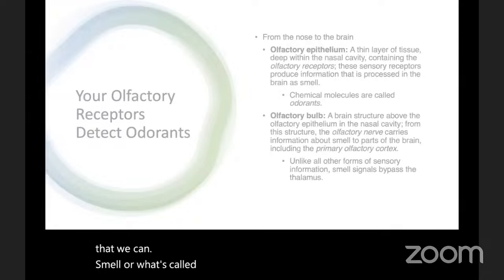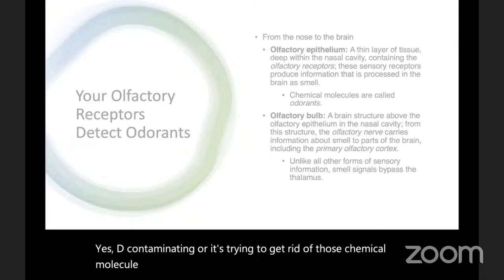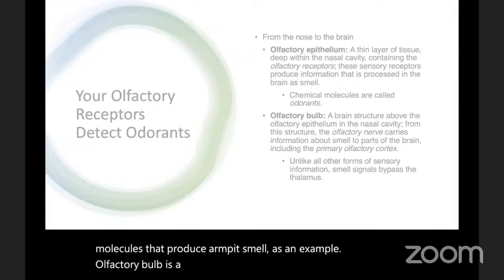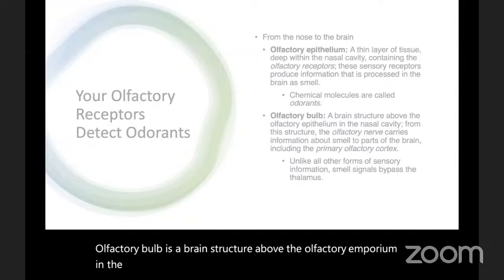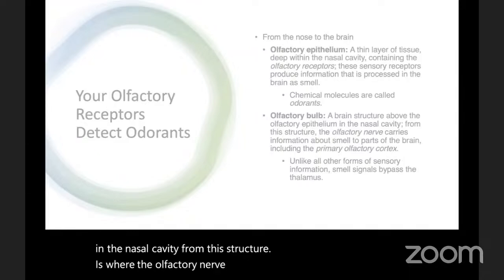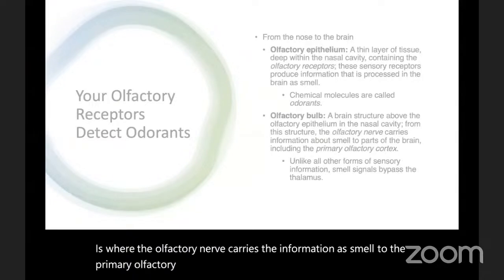If you think of the word deodorant, it's trying to get rid of those chemical molecules that produce armpit smell, as an example. The olfactory bulb is the brain structure above the olfactory epithelium in the nasal cavity. From this structure, the olfactory nerve carries the information of smell to the primary olfactory cortex.